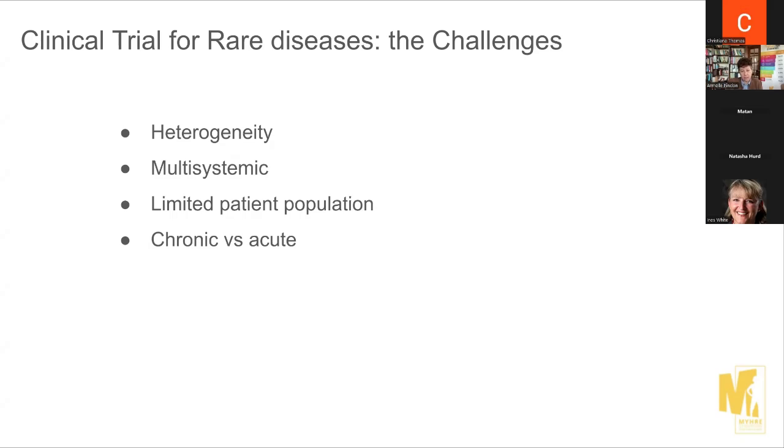And the next challenge is chronic versus acute. So it's not only Myhre syndrome, it's not that you have one problem. You have different problems chronically progressing along your life, and you have acute problems. Tracheal stenosis, for example, is an acute problem and you need to act now.